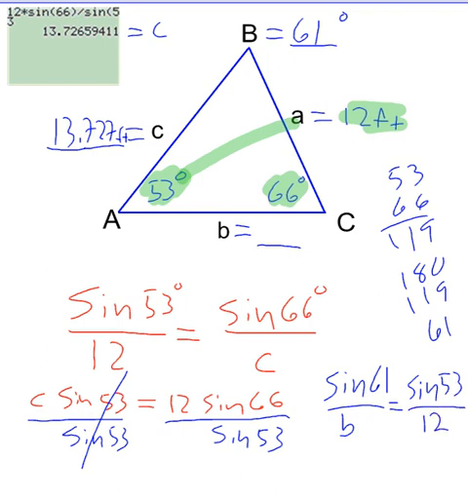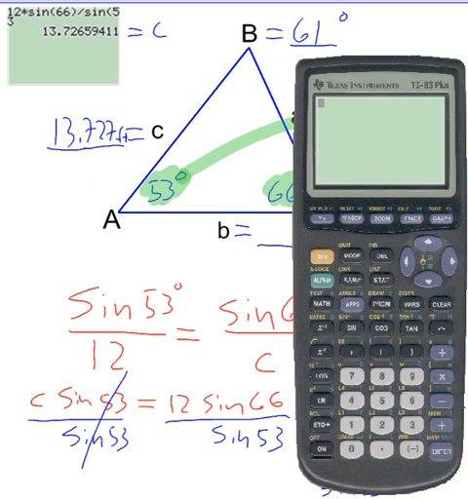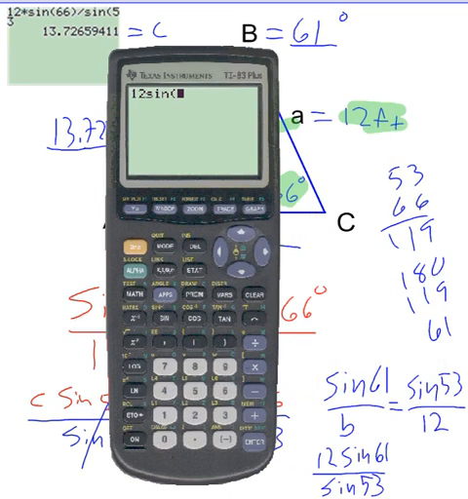Do the same algebra that I did before, so it turns out to be 12 sine of 61 divided by sine of 53. 12 sine 61, close parentheses, divide by sine 53, and I get 13.1417, or 13.142.